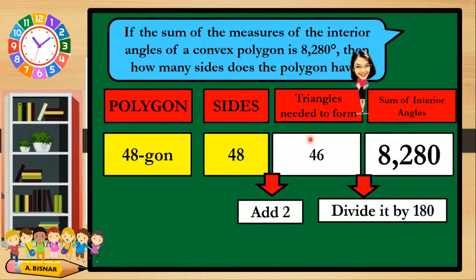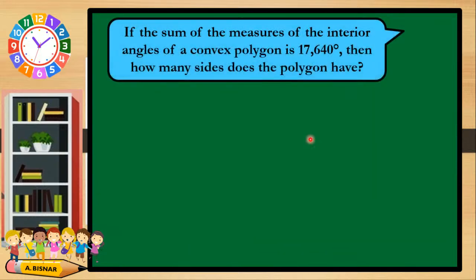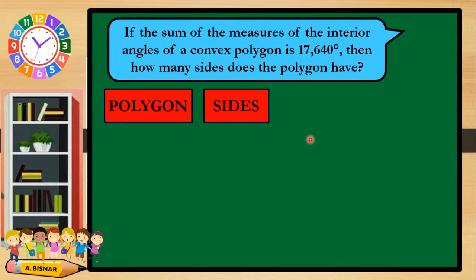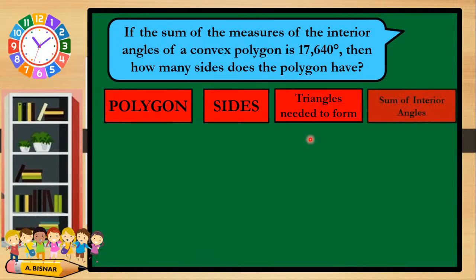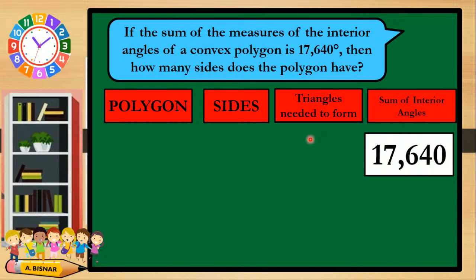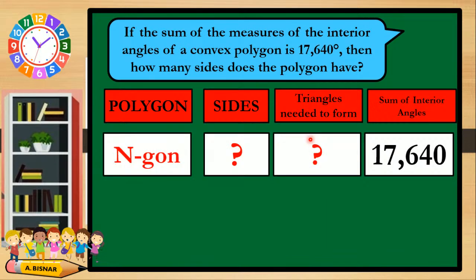Okay. Last one. If the sum of the measures of the interior angles of a convex polygon is 17,640 degrees. Yan. Find the remaining information to be completed. How many? Again, you will divide and you will add 2.